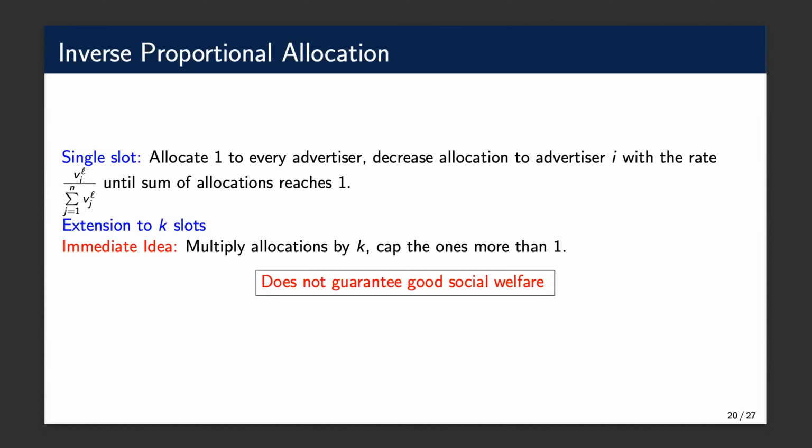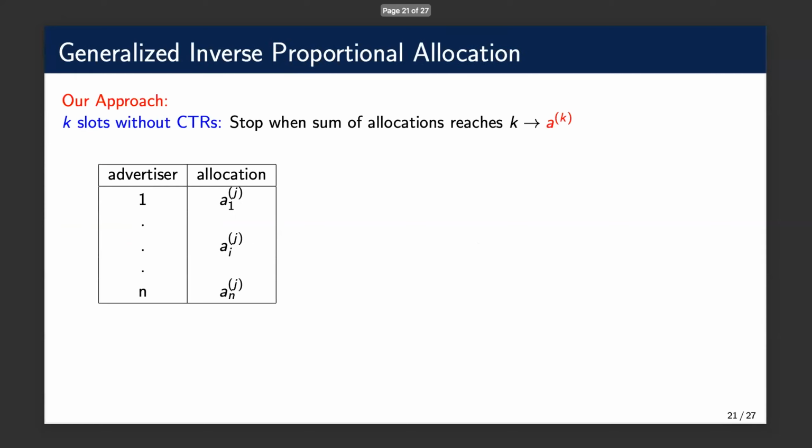Then we get the same guarantees of fairness and social welfare by simply doing this. However, it may very well be the case that some of these allocations are more than 1 over k, so when we multiply them, we surpass 1. So we somehow need to reallocate these excess allocations. And if we simply throw them away, we're not going to get a good social welfare guarantee.